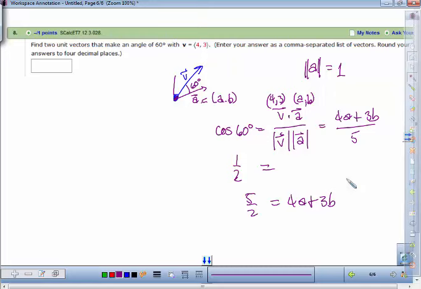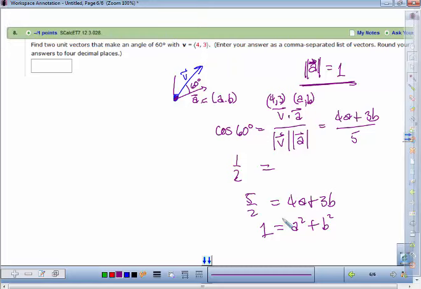We have 2 unknowns. We have 1 equation, or do we have 2 equations? What's the other equation? So the magnitude of A is A squared plus B squared under square root.